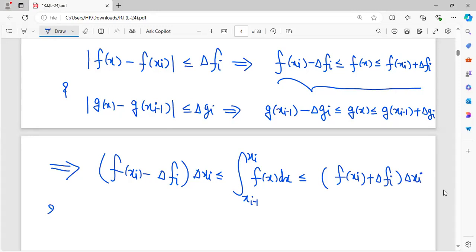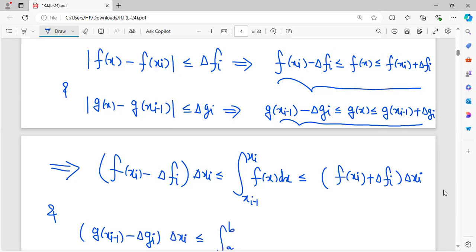And from here, we will get g(xi-1) minus delta gi less than or equal to the integral from a to b.